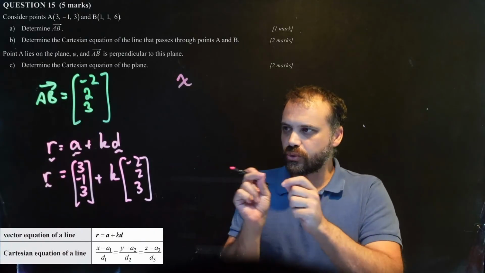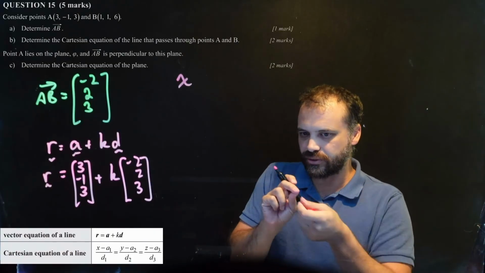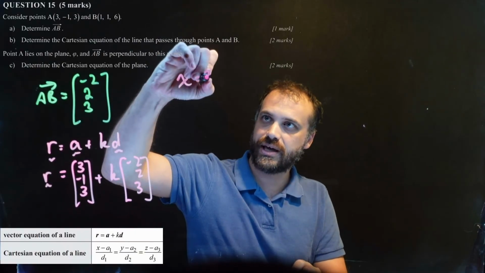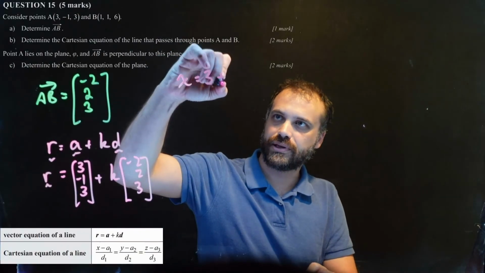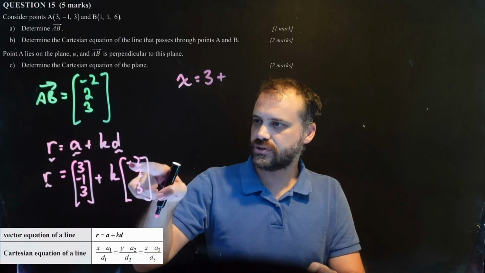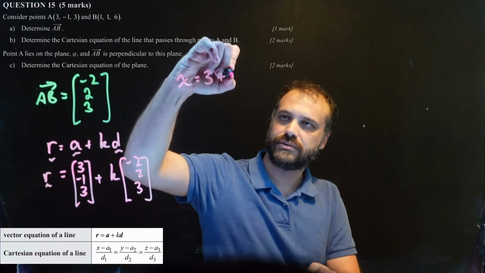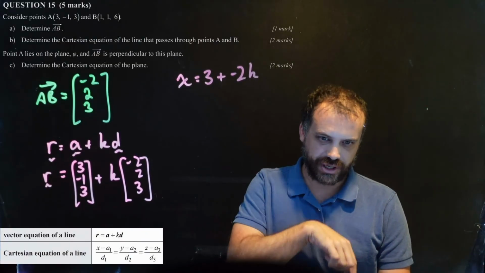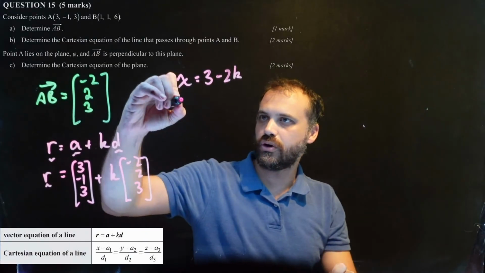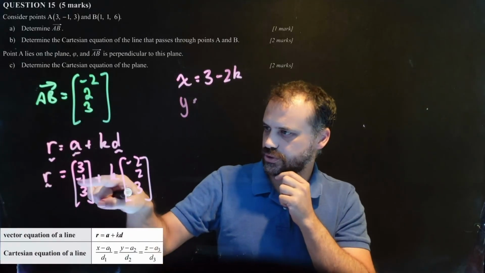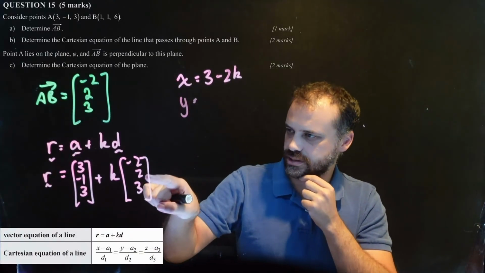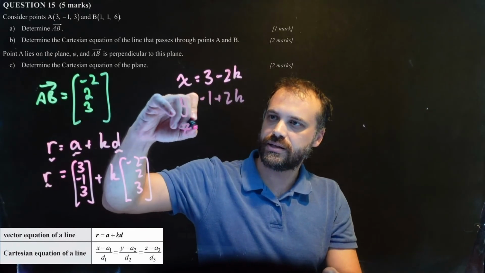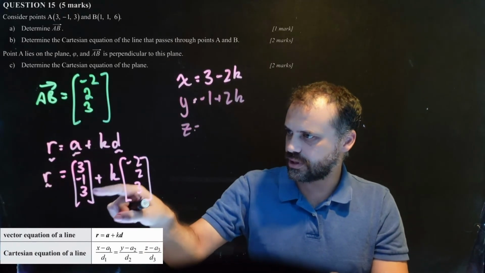The x coordinate of this dot moving along the plane is equal to its starting x, 3, plus negative 2k, which is just 3 minus 2k. All right, what about the y? Well, the y is equal to negative 1 plus 2k. And the z is equal to 3 plus 3k.